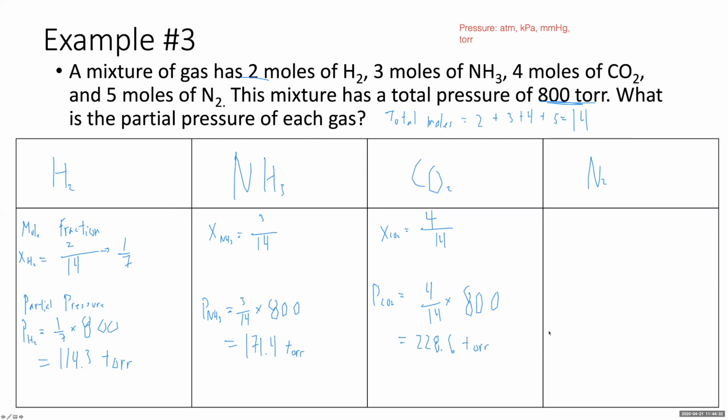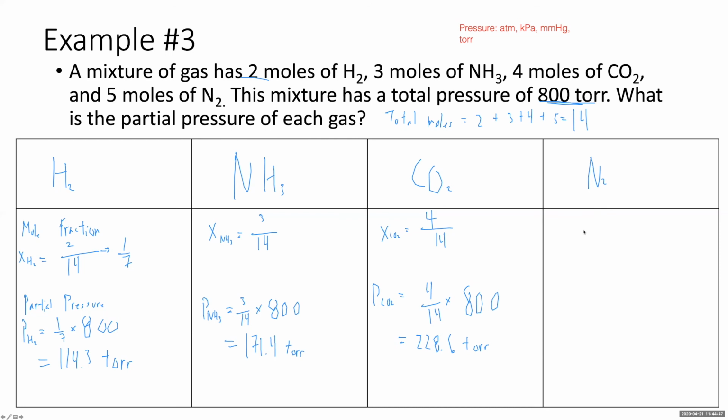Now we're at the last gas, which is nitrogen. Dalton's law states that all these gases, hydrogen, ammonia, CO2, and nitrogen, add up to 800. For this last one, we actually don't need to do all these steps.